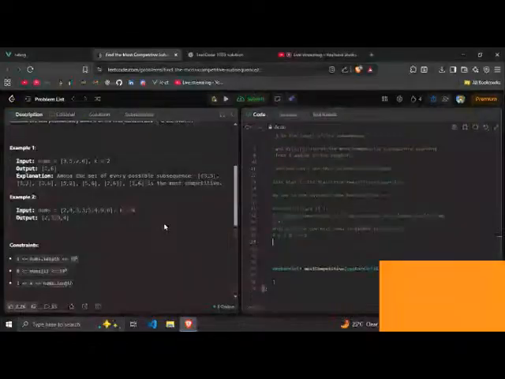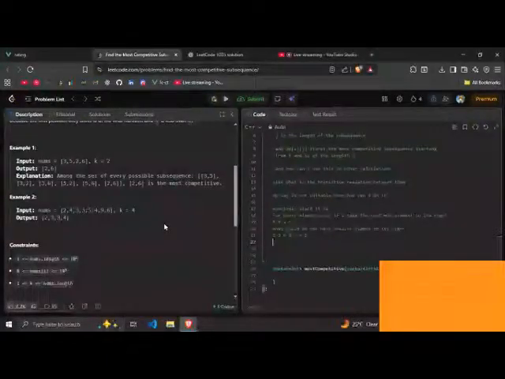So once the size is 2, what should I do? So it can be a possible answer. I don't know whether it is the most competitive one, but it is a possible subsequence.